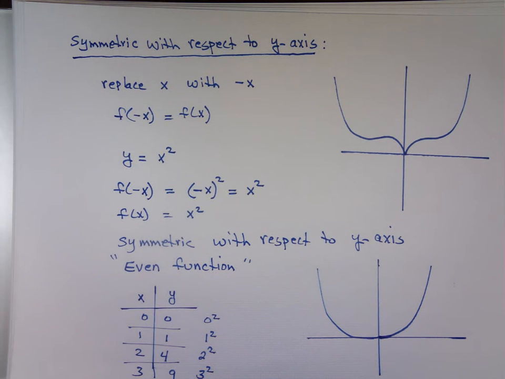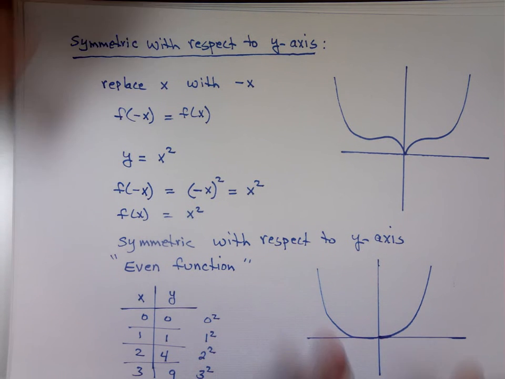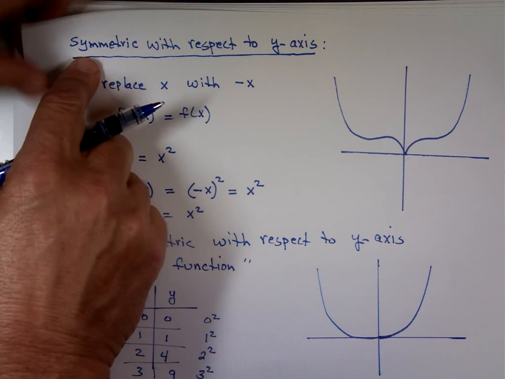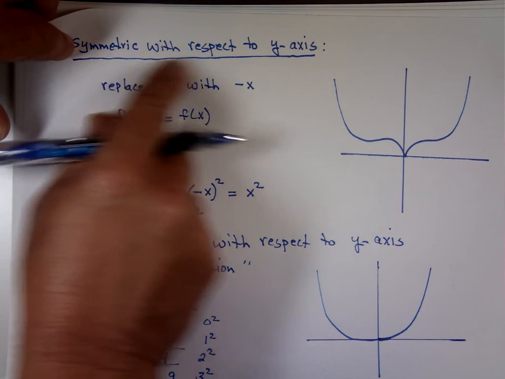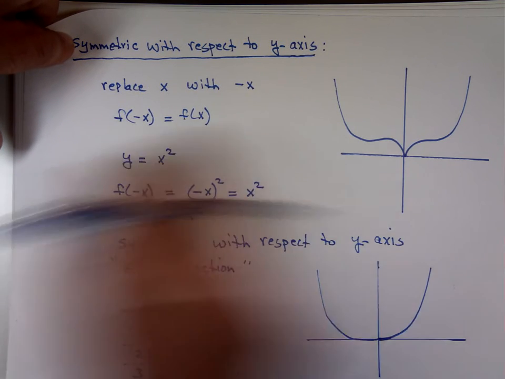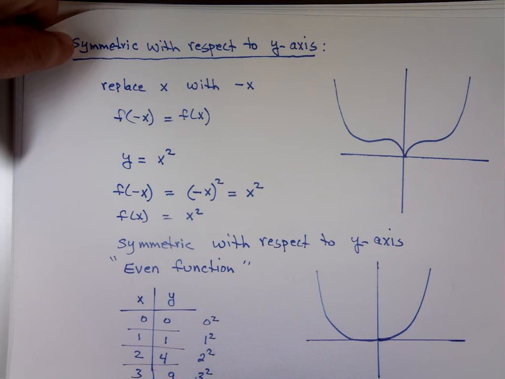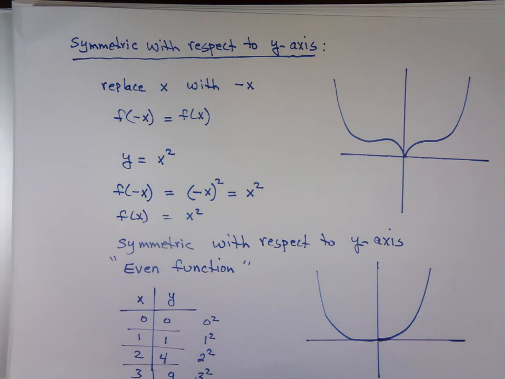How do we test to see if it's symmetric with respect to the x-axis? I was careful saying that, because I said we know if the function is symmetric with respect to the y-axis. Is the graph of this a function? How do we test to see if you have a function or not? Vertical line test, absolutely. You draw a vertical line, and if any of the lines intersect the graph at more than 1 point, it's not a function.